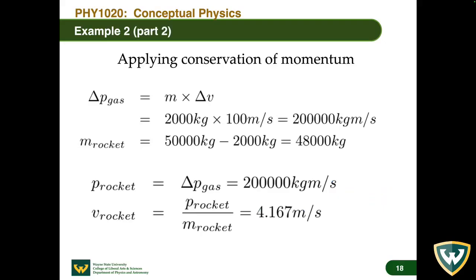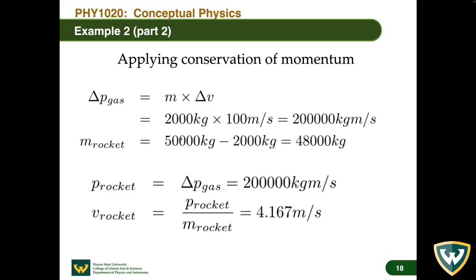So that is 2,000 kilograms, which is what I've written here. The rocket overall will lose 2,000 kilograms by expelling gas over a period of 200 seconds, and the gas is expelled at a velocity of 100 meters per second. So the change in momentum of the gas is 2,000 times 100. That's 200,000 kilogram meters per second.